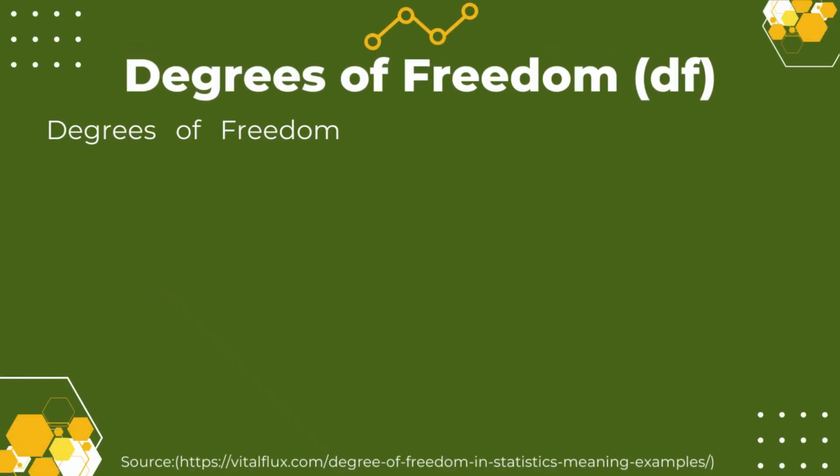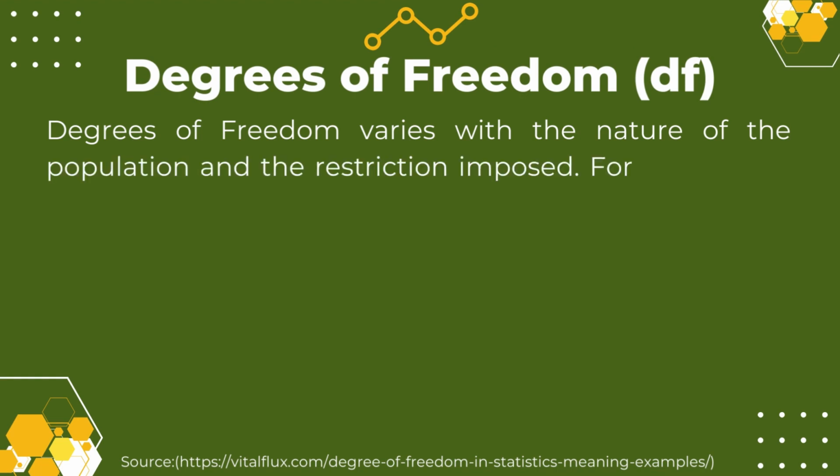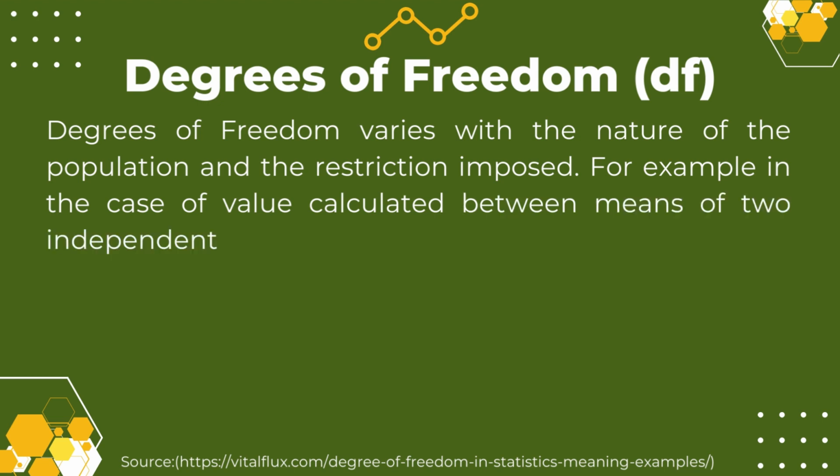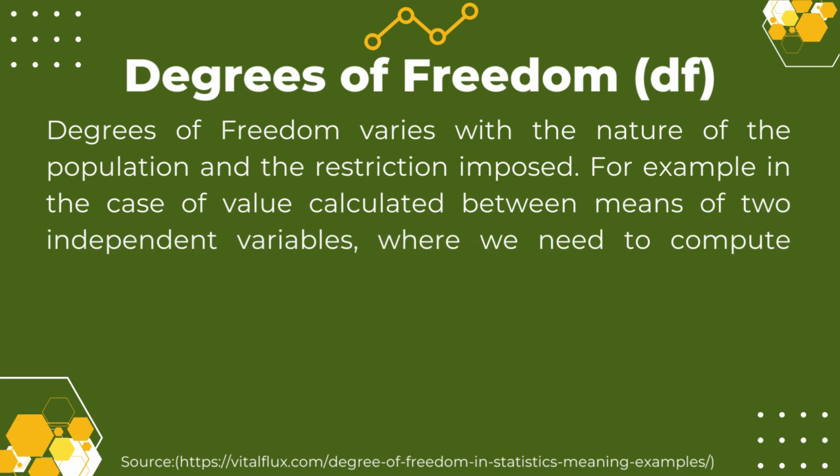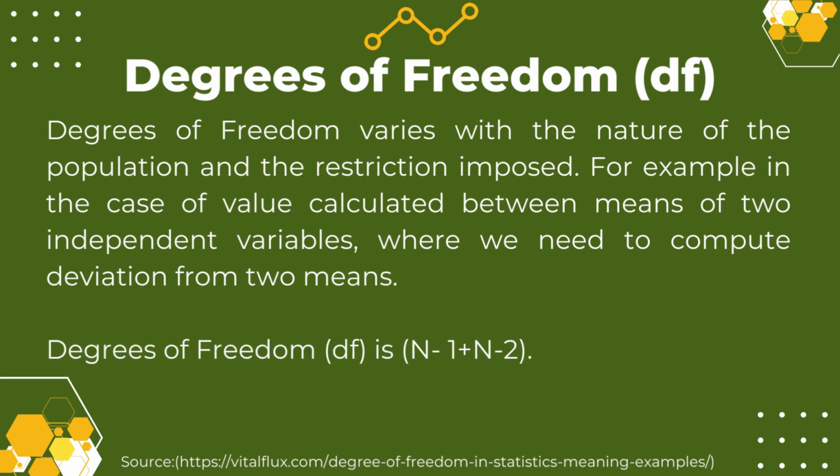The degree of freedom varies with the nature of the population and restrictions imposed. For example, in the case of the value calculated between the means of 2 independent variables, we need to compute deviation from the 2 means, and the degree of freedom will be n1-1 plus n2-1. It means for different types of statistics, we use different methods of calculating the degree of freedom.